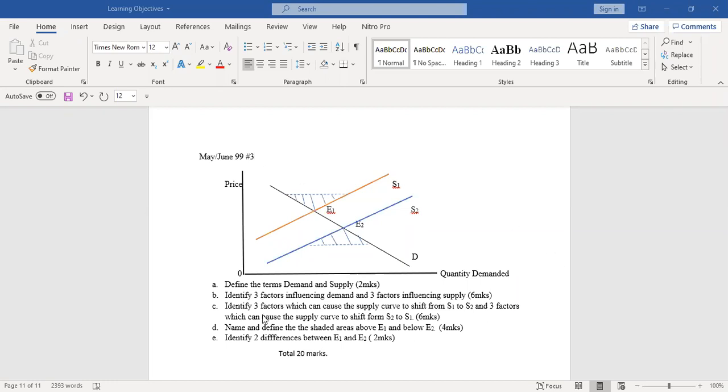The question is up. Define the terms demand and supply, 1 mark each. You all know what we're talking about. Identify 3 factors influencing demand. It's 5 simple questions. Come on, you all can get this done. 15 minutes. Right, guys? Let's start.